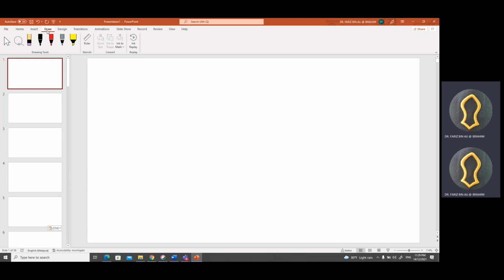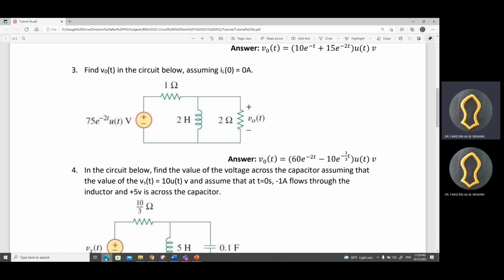When we have a question, as I said, you need to know Laplace transformation. Laplace is to convert from time domain to S domain. So we refer back to the question. You have 75 exponential minus 2t u(t), and then you have 1 ohm, 2 Henry, and 2 ohm.